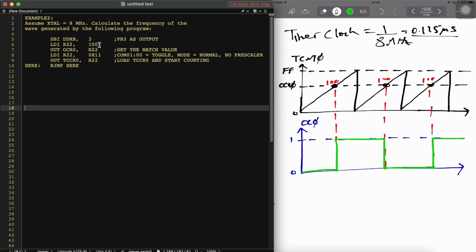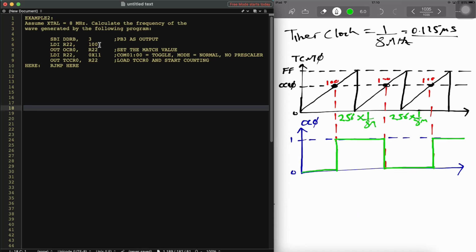Now, how do we do the calculation? What we are having here is 256 times 1 over 8 megahertz, and 256 times 1 over 8 megahertz here as well, because in total we are counting from 0 to 256.